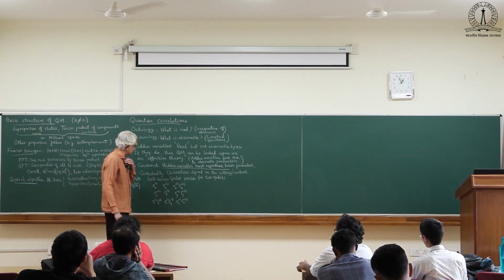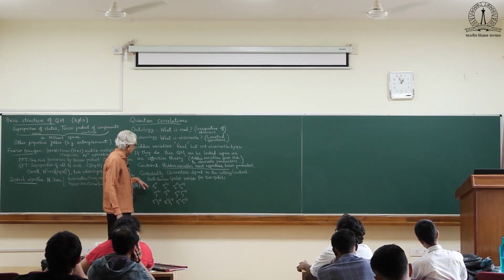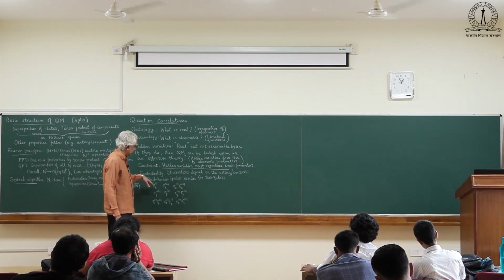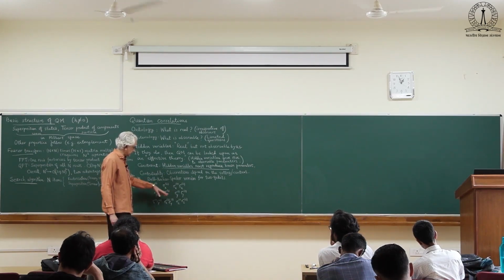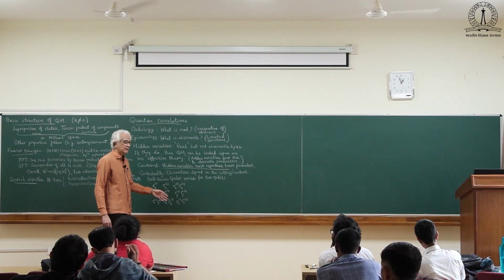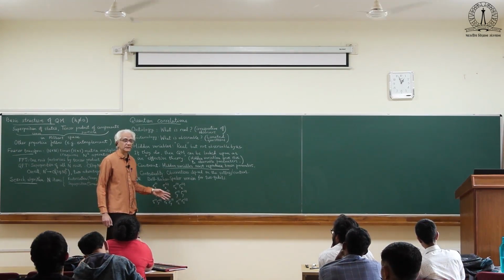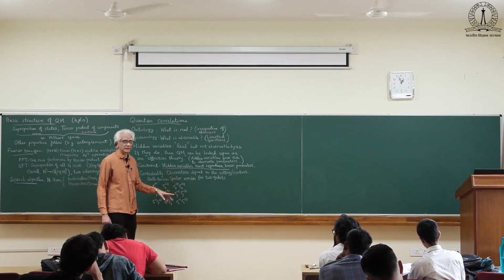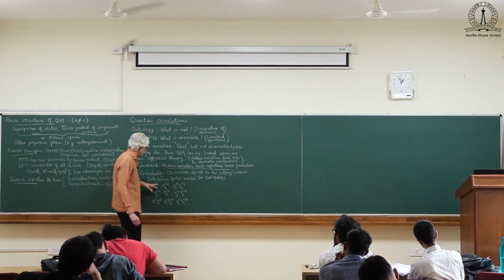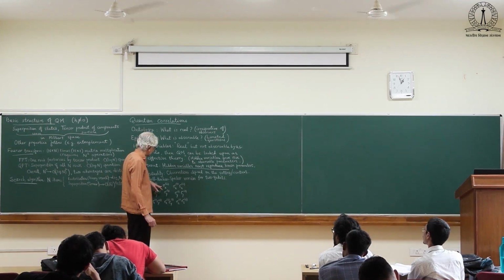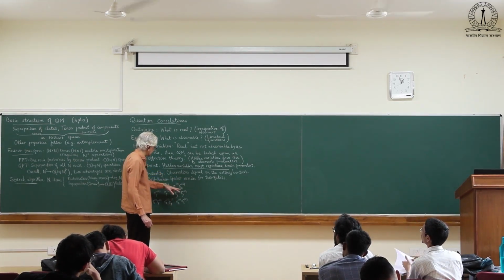So that is fine. And now I ask the question, what if I measure all these rows and columns simultaneously? I can do that because they are commuting Hermitian operators. So what is the total observation that I take some state psi?